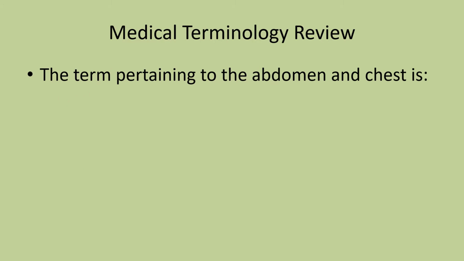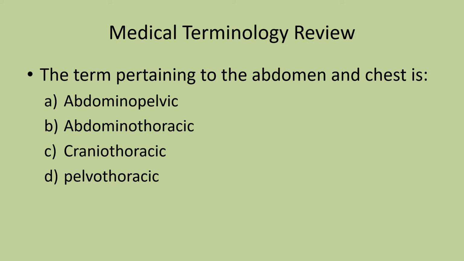Pertaining to the abdomen and chest. Thoracic. So this one's a lot. They can just say abdomen, they can just say thoracic, so you've got to put them together. Not pelvic, not cranial.